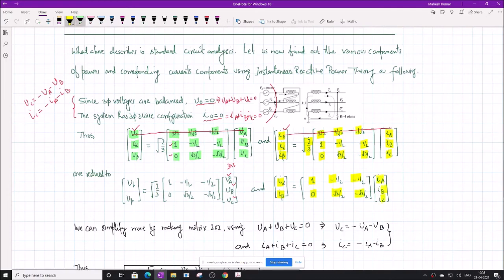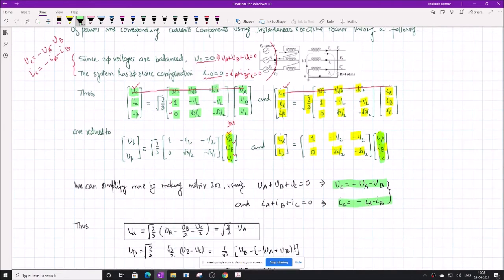Now if you look at this side and this side, we still have 3 variables, but actually 2 are enough because the third is dependent upon the remaining 2, and therefore we will express VC as minus VA minus VB and IC as minus IA minus IB. Once we express VC and IC in terms of A and B, this system becomes 2 by 2.